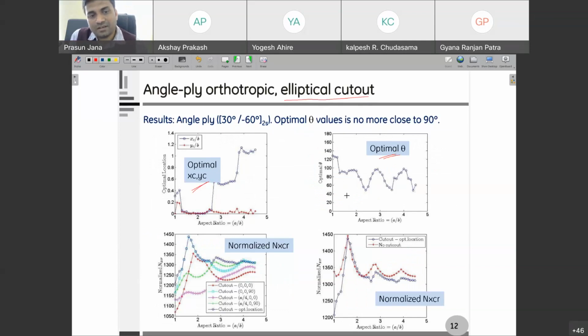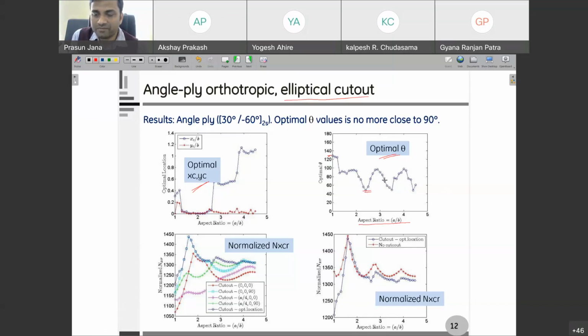So now the main point here is you can see for the isotropic case, the optimal theta was 90 degree. But here you can see it is varying from close to 120 degree to some 45 degree. And when we have the aspect ratio changing from 1 to 5, this actually changes.